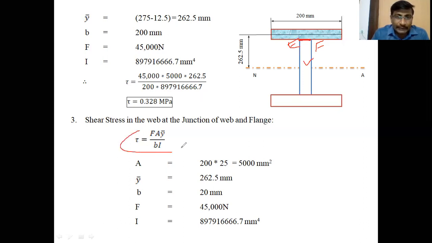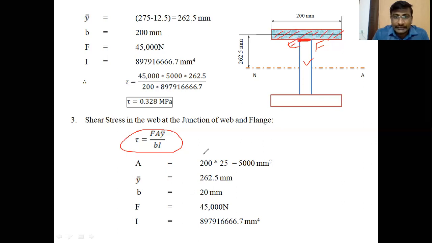By applying the formula F A y bar by B into I at this EF level, area means the area above the EF level. The area above the EF level is the same flange area. Whenever this area slides over EF, the shear stress will be developed at the EF level.